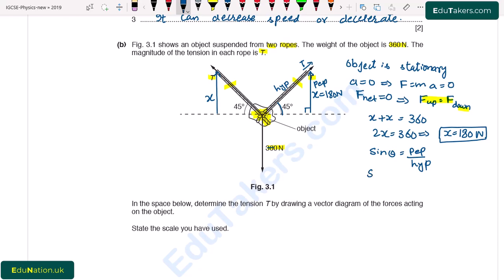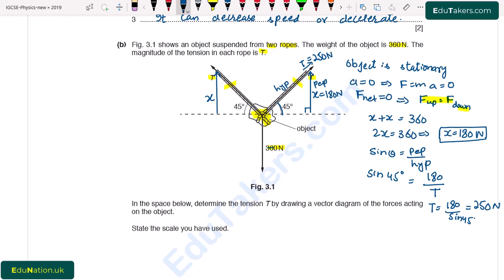I write here sine of 45 degrees will be equal to x, that is 180, divided by the hypotenuse, tension. So T will be equal to 180 divided by sine 45 and it comes to be 250 Newtons. So the value of this tension is equal to 250 Newtons. This value is basically 254 but it's approximately equal to 250.